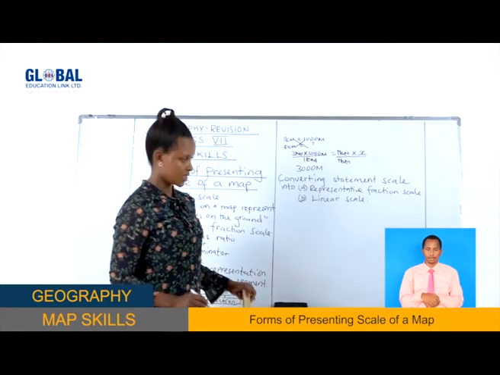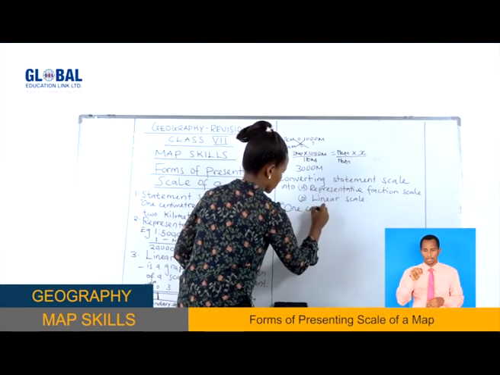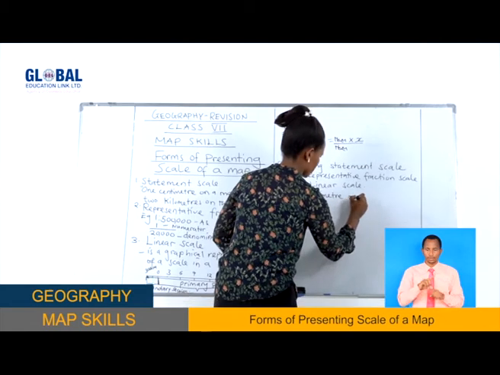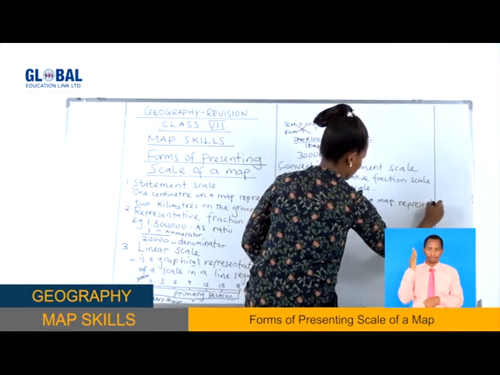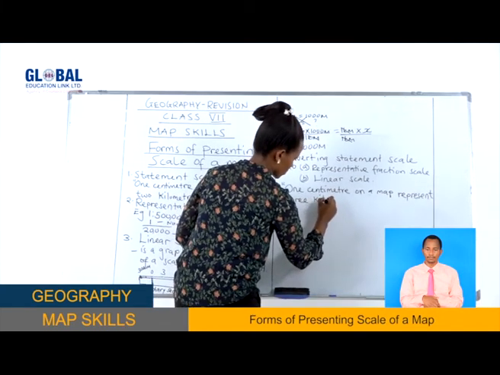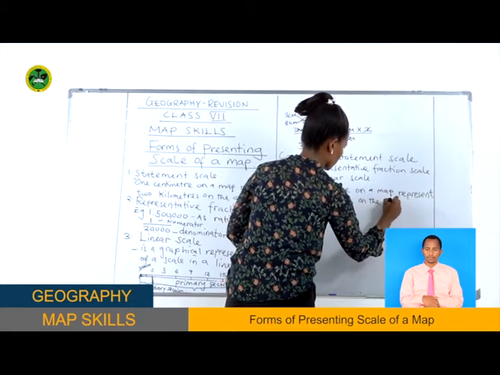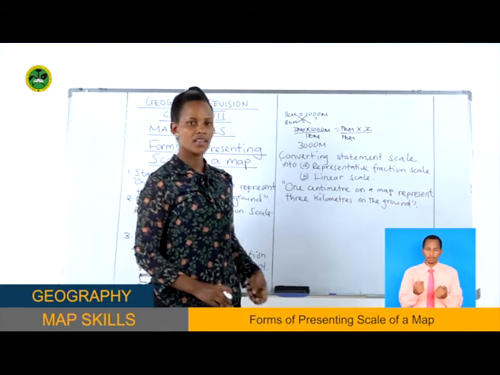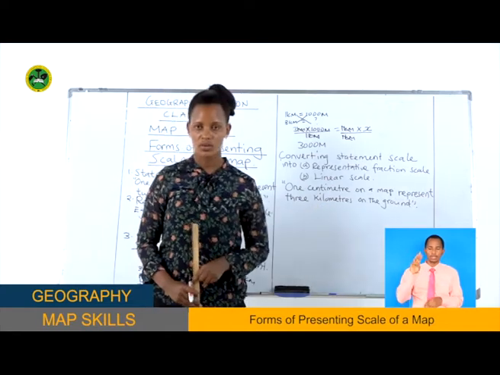So the statement scale is, as you can see on the blackboard, 1 centimeter on a map represents 3 kilometers on the ground.